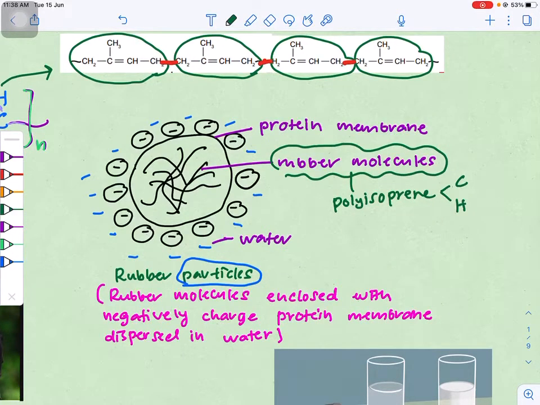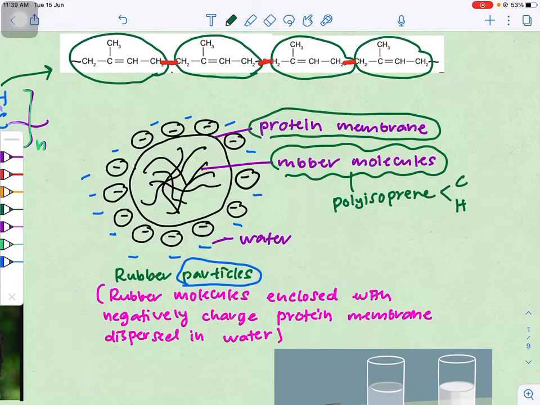So as you know, carbon is non-metal, hydrogen is non-metal. So non-metal and non-metal, they are not dissolved in water. Okay, so the idea is they are not dissolved in water, and they are all enclosed, dibaluti with the protein membrane.